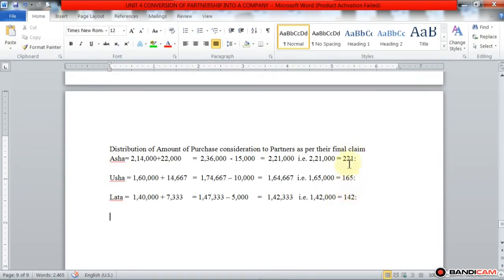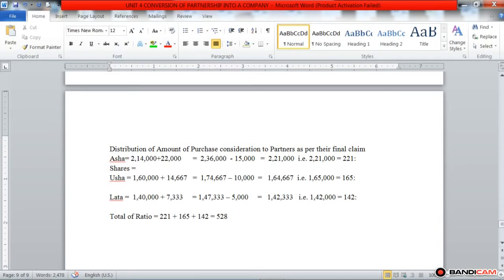Now we make the total of the final claims. So here the total is 221 plus 165 plus 142. Okay, because we distribute the shares according to the final claim.